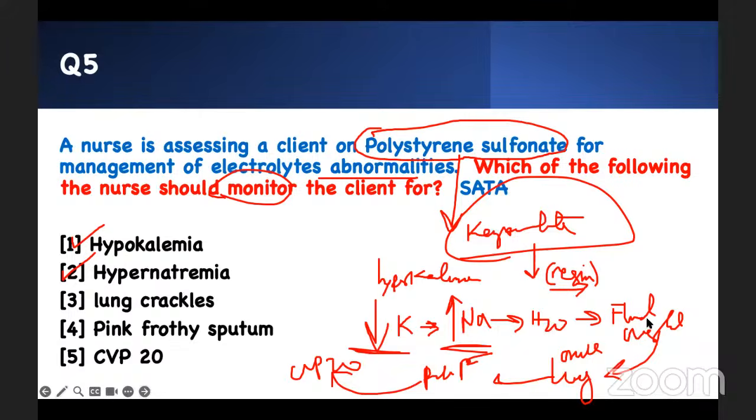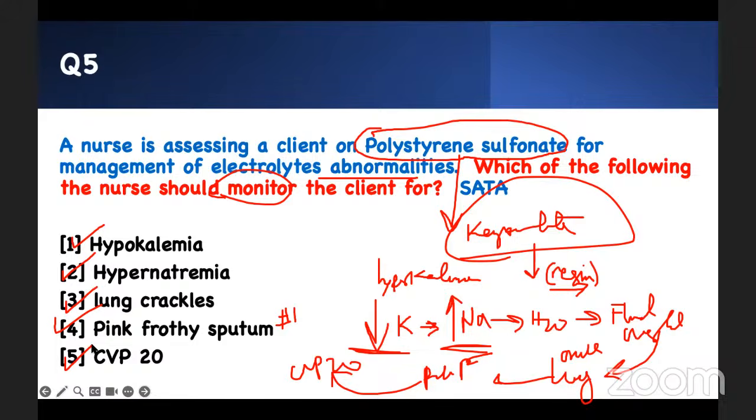What are the signs and symptoms of fluid overload? Lung crackles. Pink frothy sputum. This is number 1. Pulmonary edema. You're drowning. Central venous pressure over 20. You don't want to say the word, hey, what are the signs and symptoms of fluid overload?